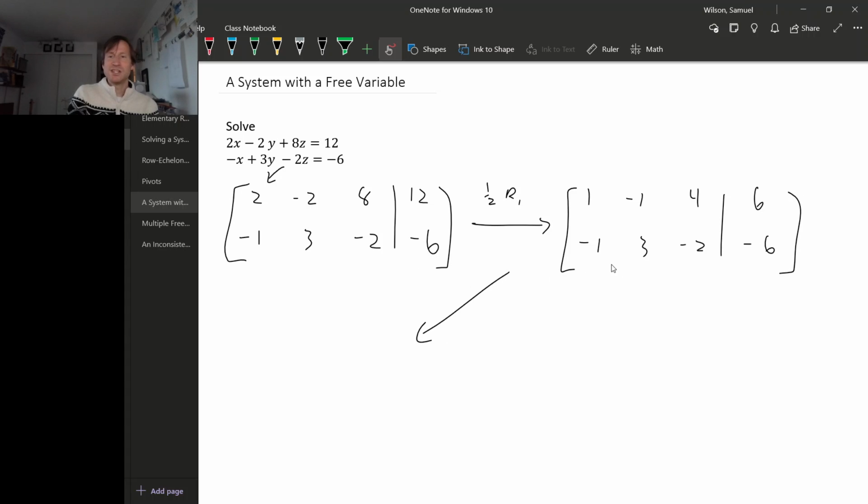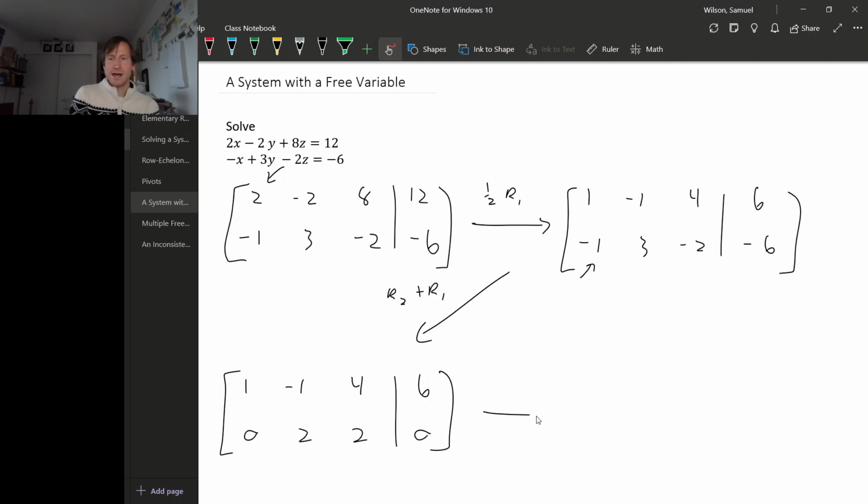All right, now we need to take the second row and add the first row to it, just to zero out this minus 1 right here. So this gives us 1, minus 1, 4, 6, and then 0, 2, 2, 0.